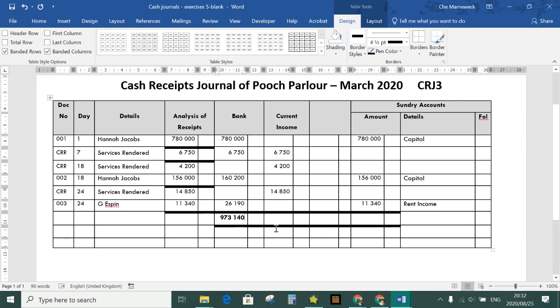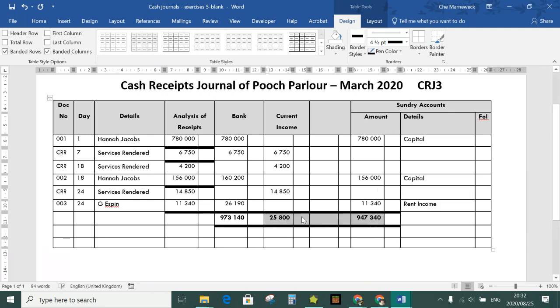That's how much we received. Add the values in current income. 25,800 and sundry 780,000 plus 156,000 plus 11,340, and I got 947,340.